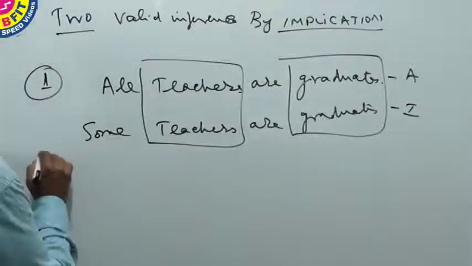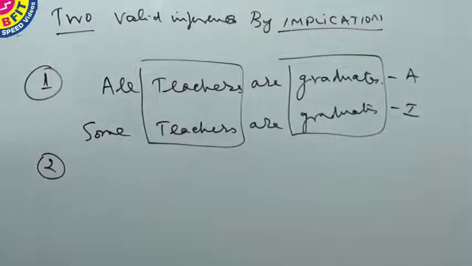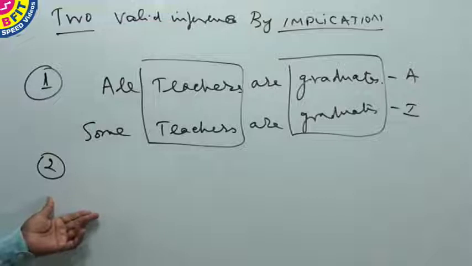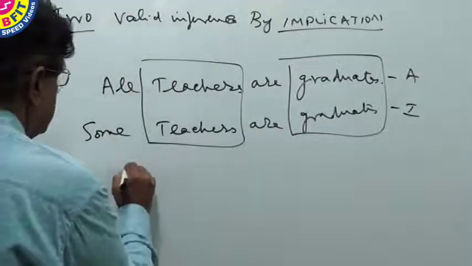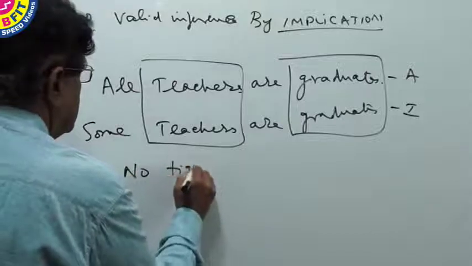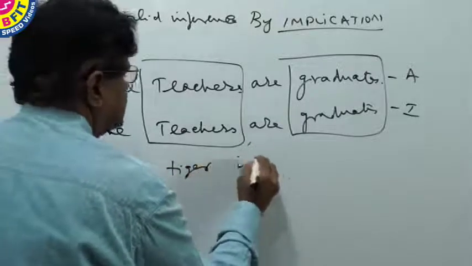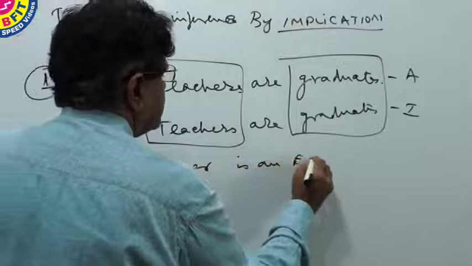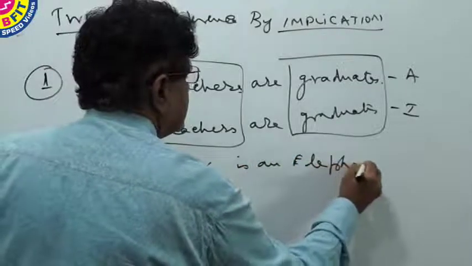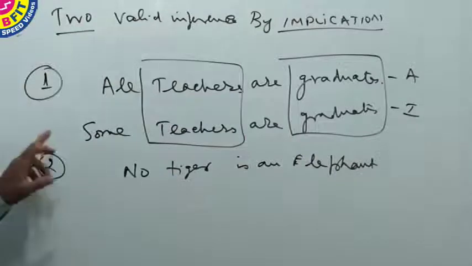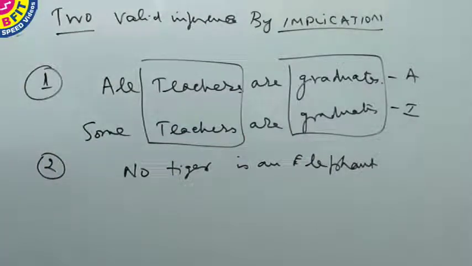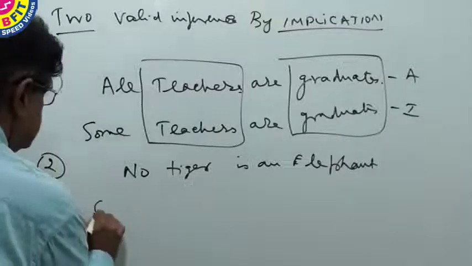The second valid inference by implication is no tiger is an elephant. The valid inference we can draw is some tigers are not elephants.